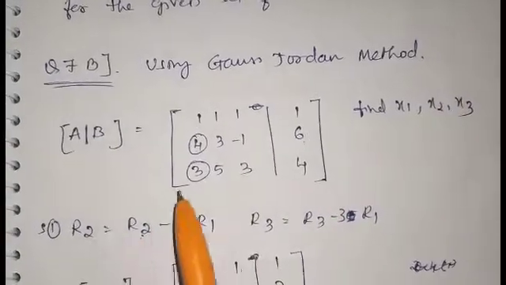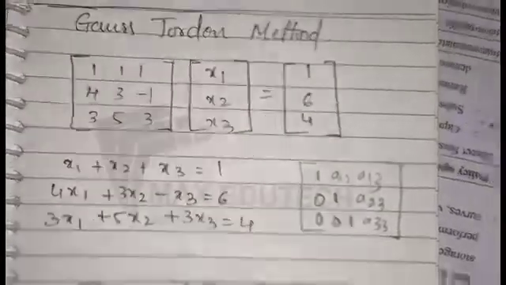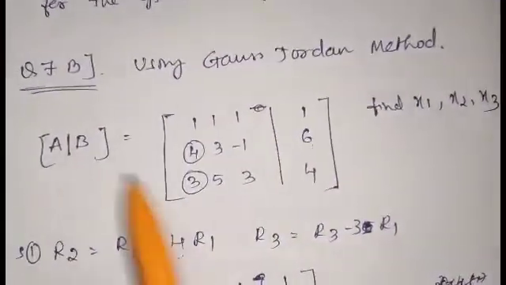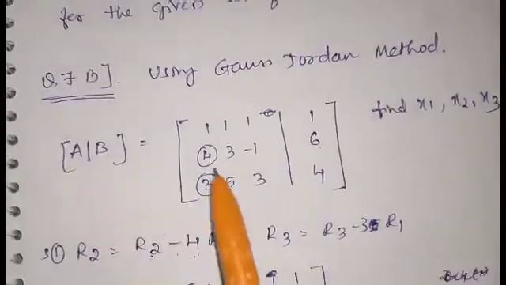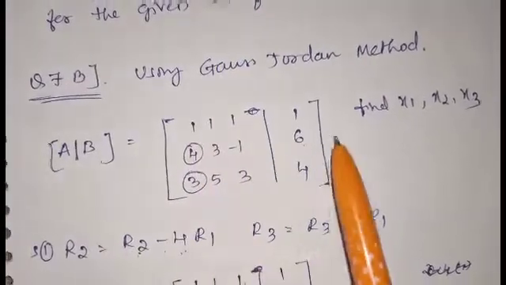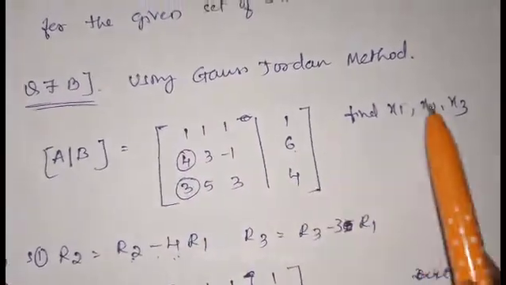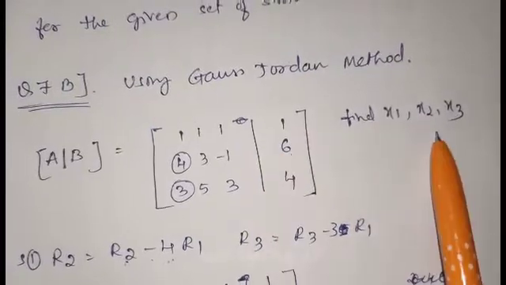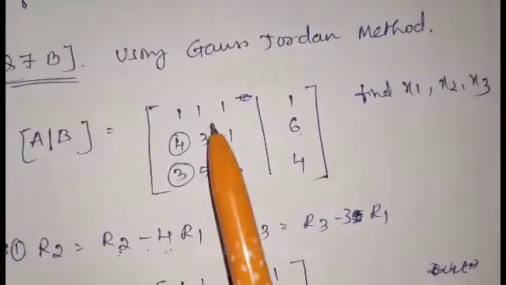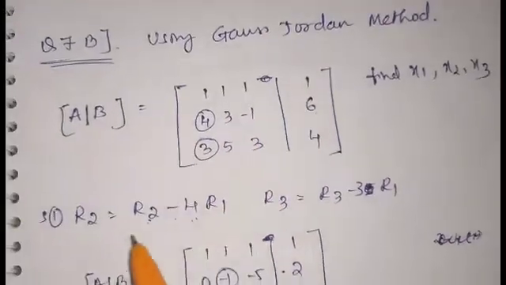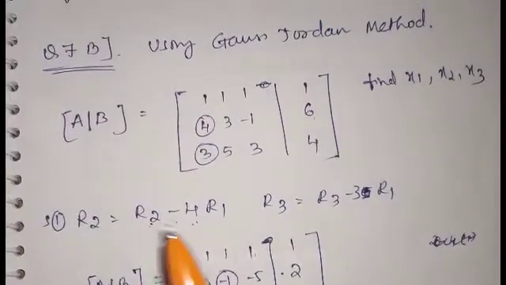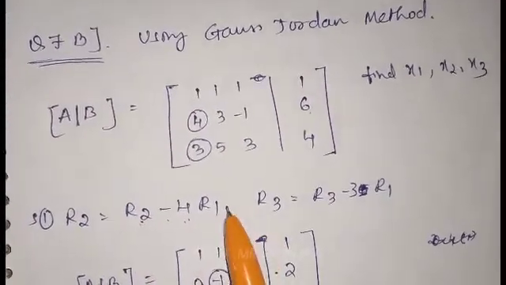I am writing the given equation, and I am just rewriting it in this A B form. This is matrix A and this is matrix B. I am keeping all the x terms aside. The first step is to apply the elementary row transformation method.